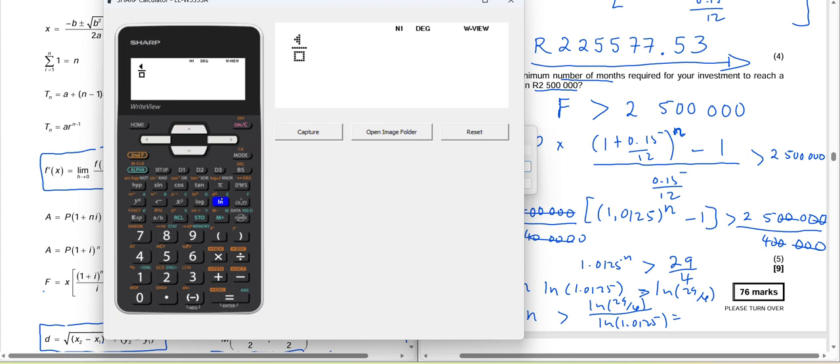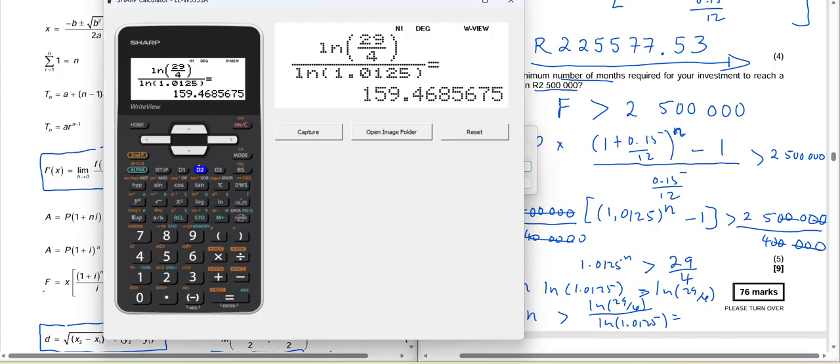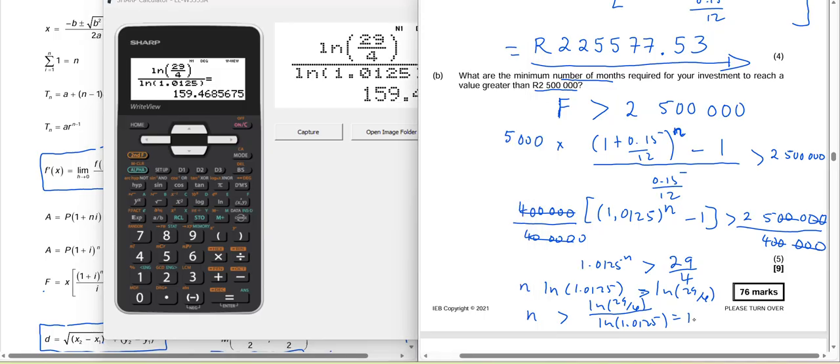Let's get what we get from the calculator. ln 29 over 4 divided by ln 1.0125 is 159.46, so n should be greater than 159.47.